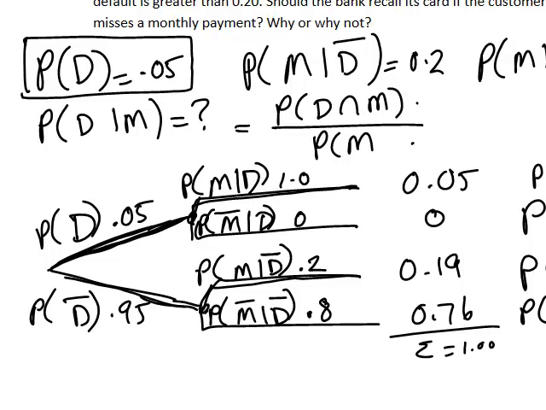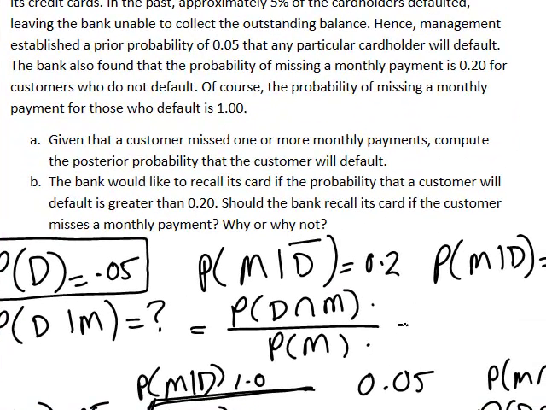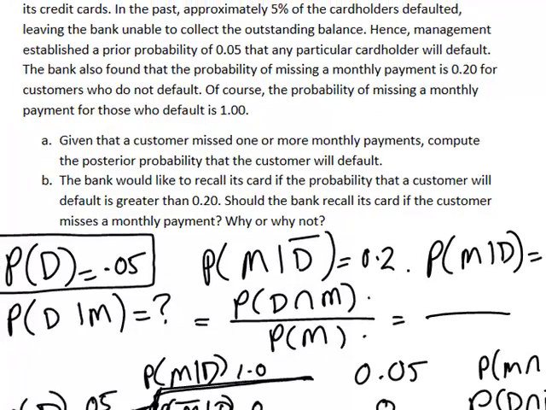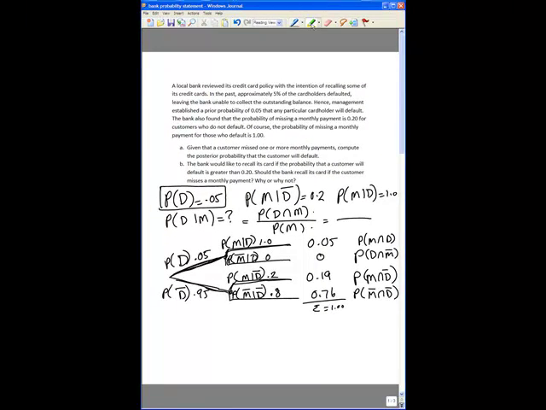Now from here I'm able to figure out what the answer is. The probability of M, I can compute by adding this number to this number, because those are the two events that have the M event in them.